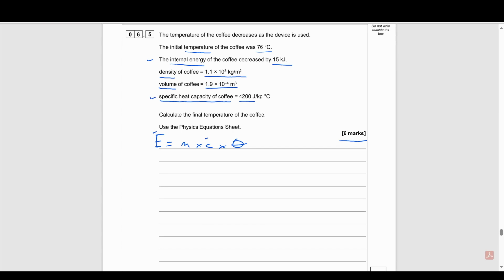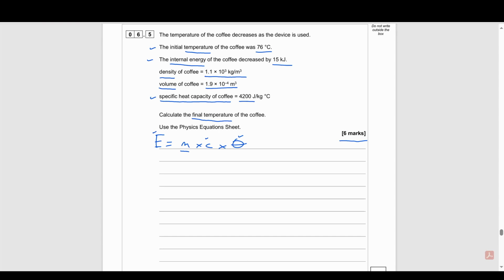And we have an initial temperature. And we're trying to find the final temperature. So that would indicate that we would need to use this equation at some point. But we can't use it now because we don't have a mass. And because we don't have the final temperature, we need to find it. We definitely can't use it right now.